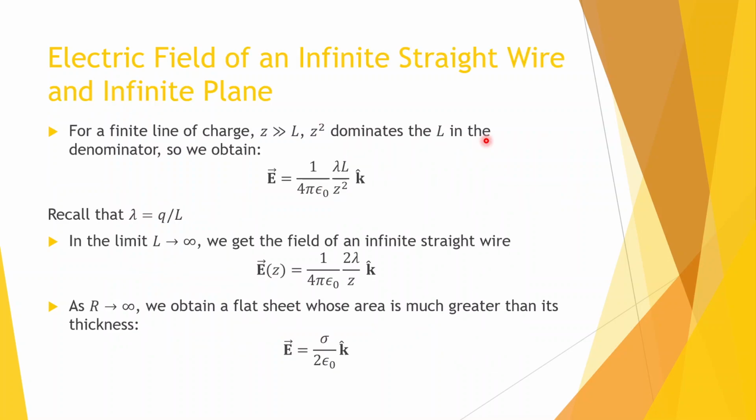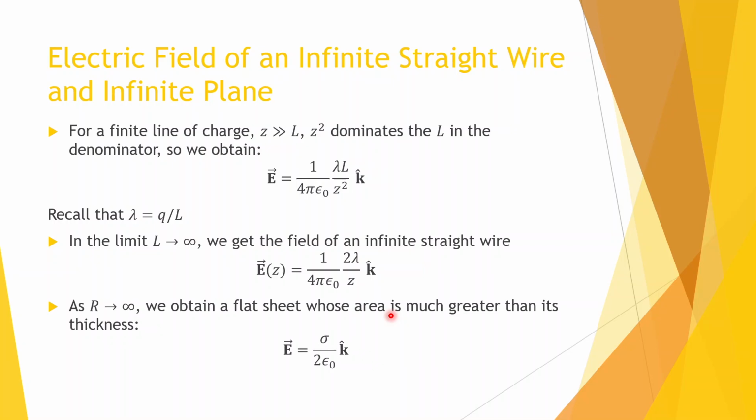All right, so what about for an infinite plane? Say we have an infinite plane instead of an infinite straight wire. So as r goes to infinity now, we obtain a flat sheet whose area is much greater than its thickness. So something like a really, really big sheet of paper. The sheet of paper is still really, really thin.